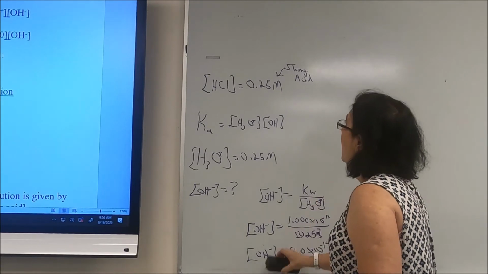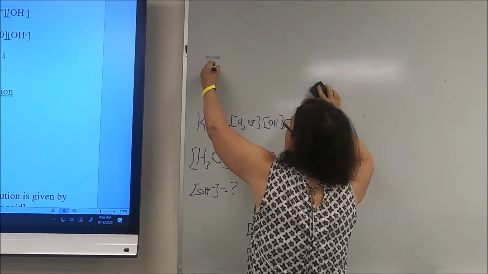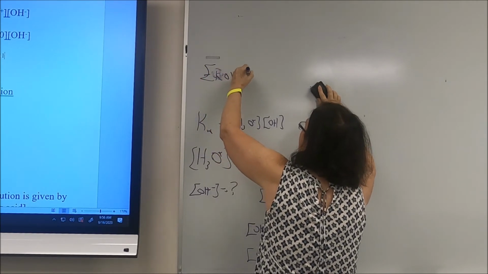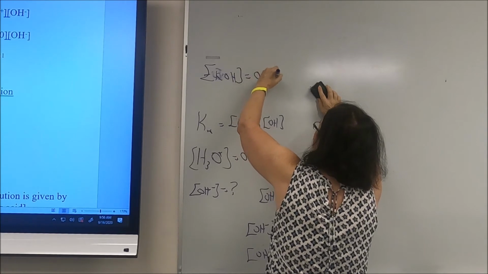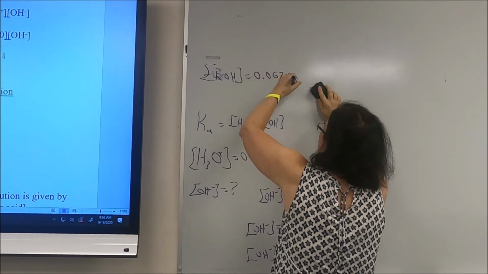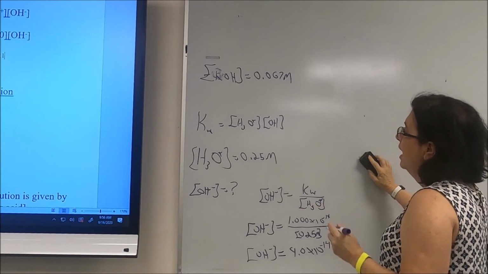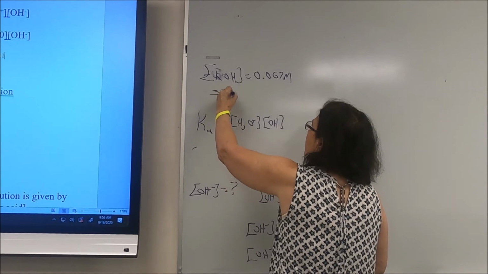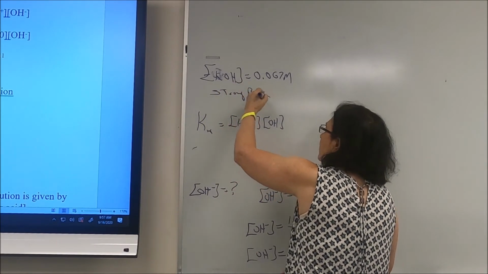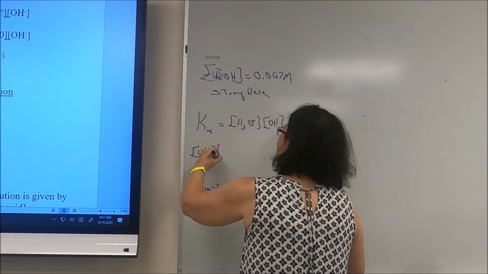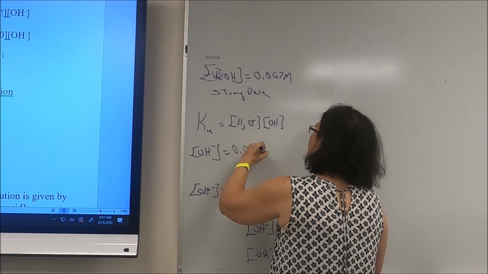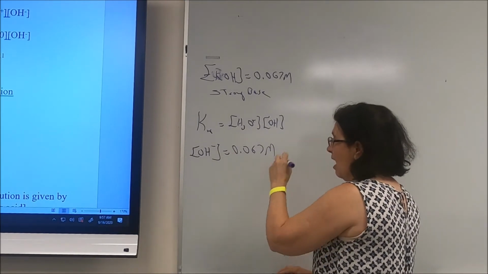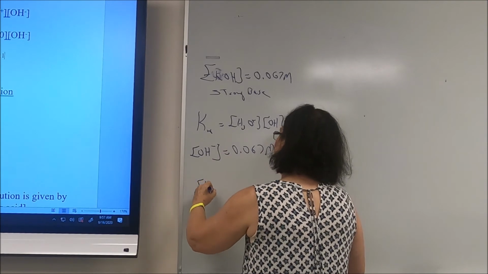Okay. Now, what if I had a concentration of potassium hydroxide of 0.067 molar? Okay, potassium hydroxide is a strong base. That means that the hydroxide ion concentration here is 0.067 molar. So now I'm going to calculate hydronium ion concentration.